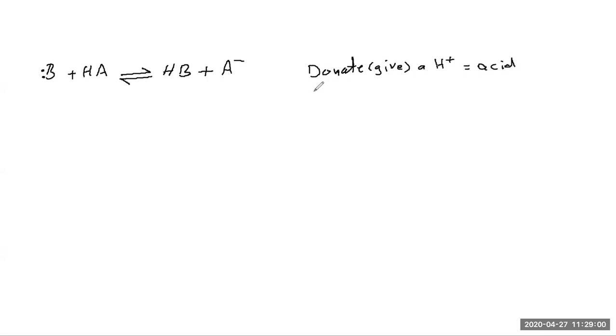And the one that accepts H positive will be considered base. So that's what you're going to look for. Which one will give, which one accepts the H plus, and you will decide which one is acid, which one is base.